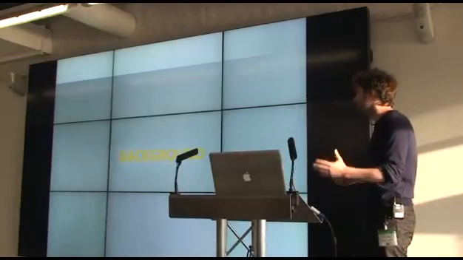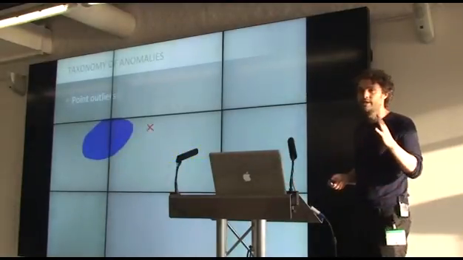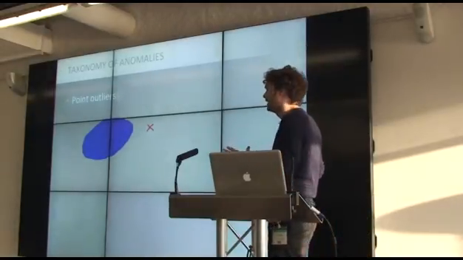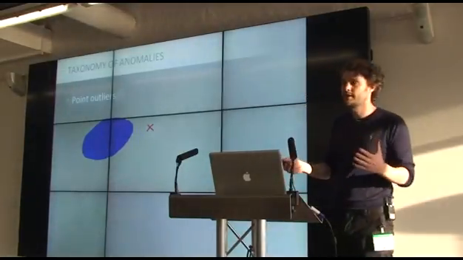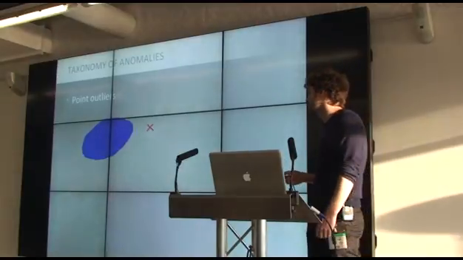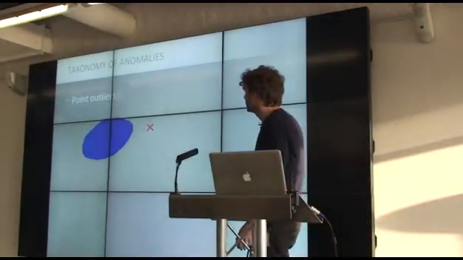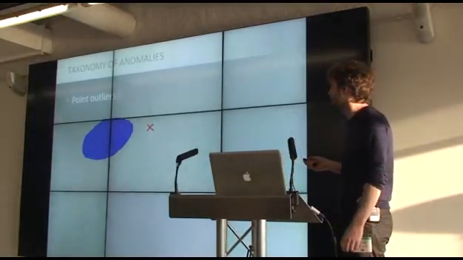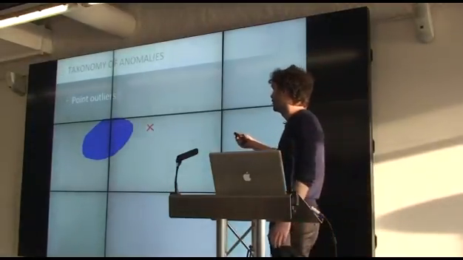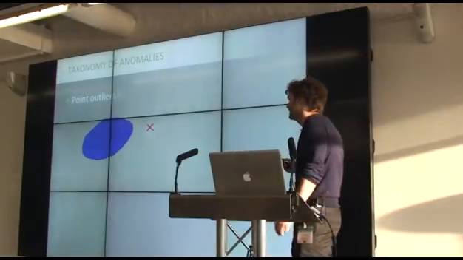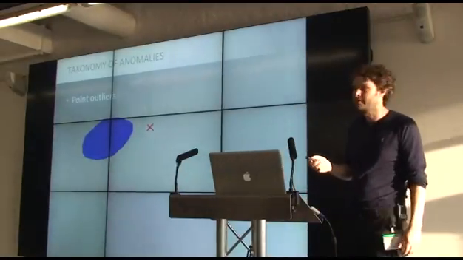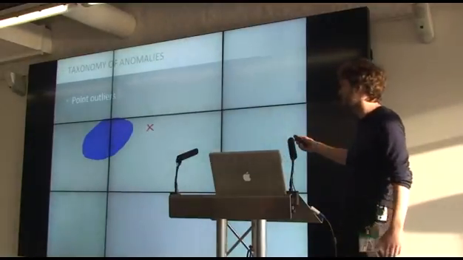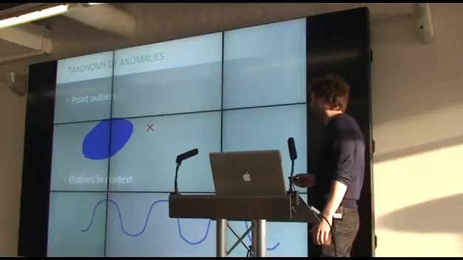So, general anomaly detection, there was a bit about this in the previous talk. Generally people try to identify broad categories of anomalies that you might care about. A point outlier is probably the classical definition of an outlier or an anomaly. You have a cloud of points and another point that's somewhere away from that cloud, though it could be an unusual shape; I made it very simple there.